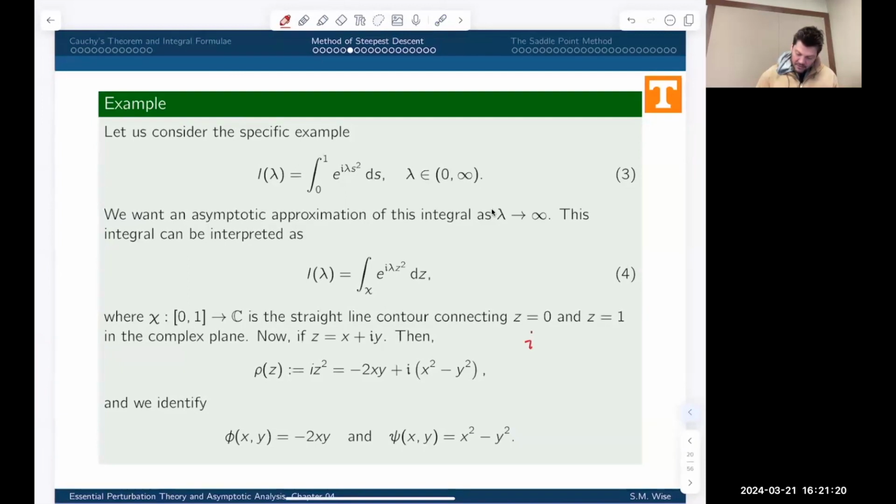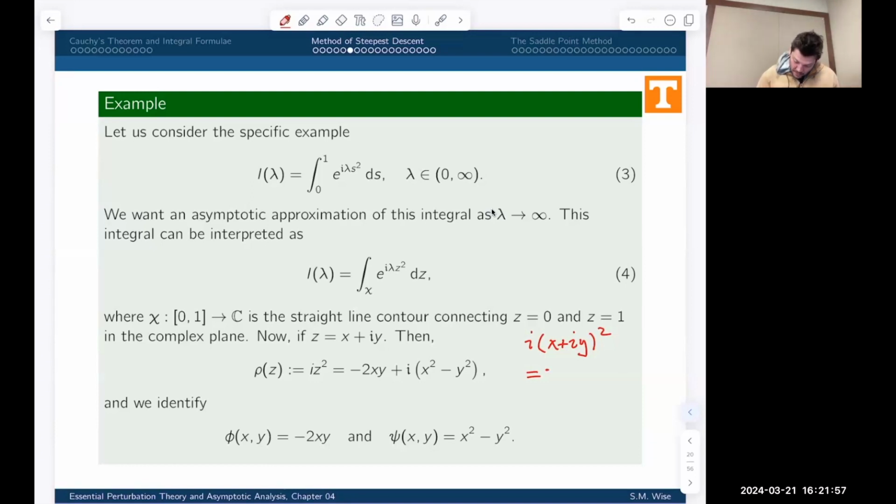So if I have i z squared, sorry, there's no i squared, there's just i, times x plus i y, squared. And with the complex multiplication, you just do it as if everything was real in sight, and you just make the modification that i squared has to be minus 1.